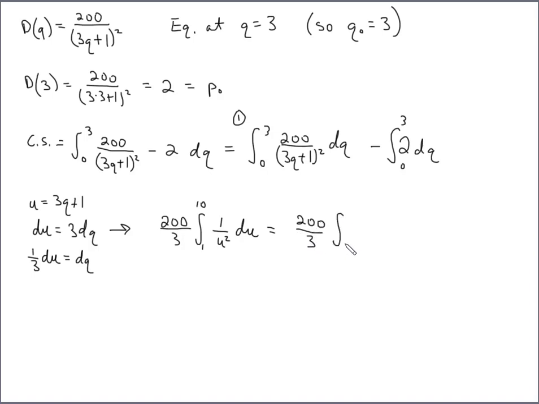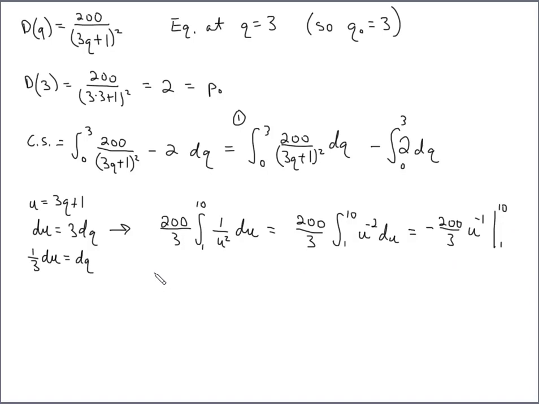We can write this as u to the minus 2 power. And then that becomes 200 over 3. Raise that by 1, it's going to become negative, so negative 200 over 3 times u to the minus 1, evaluated between 1 and 10.